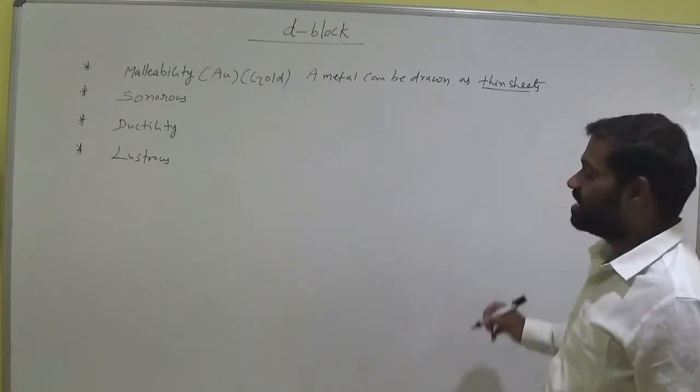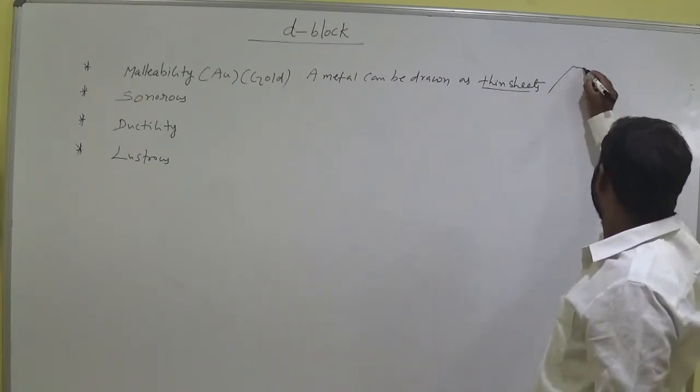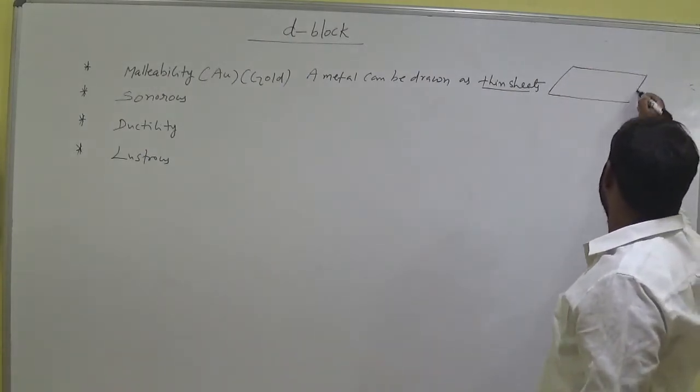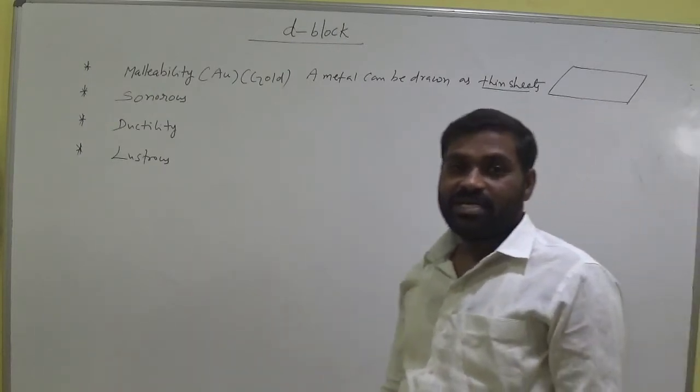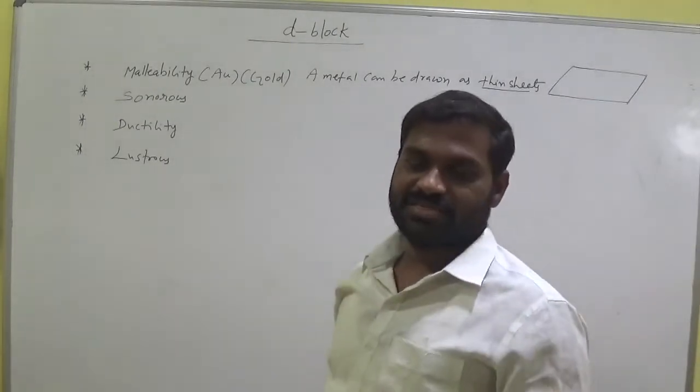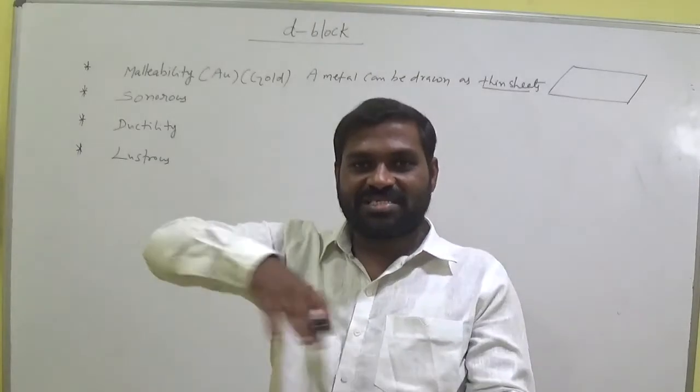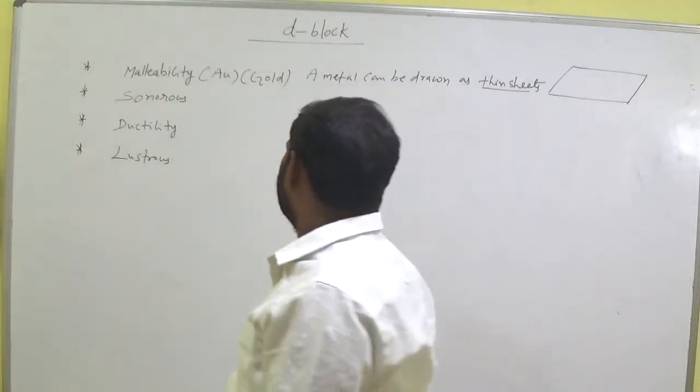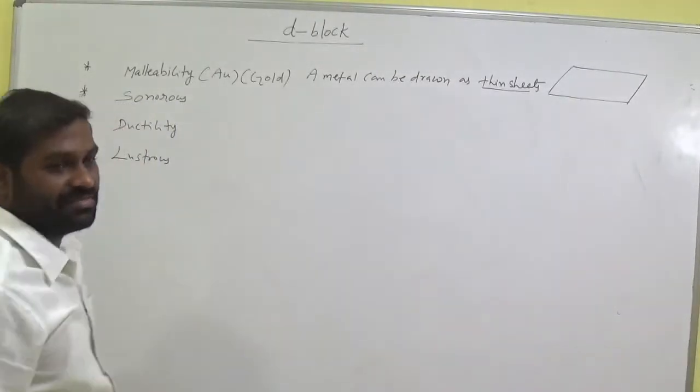That property, where a metal can be made into thin sheets, is called malleability.